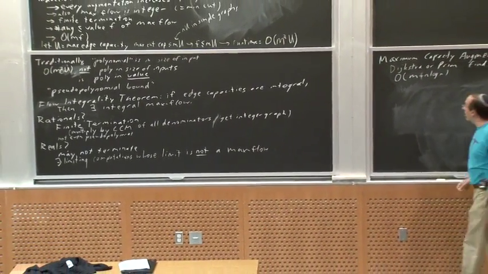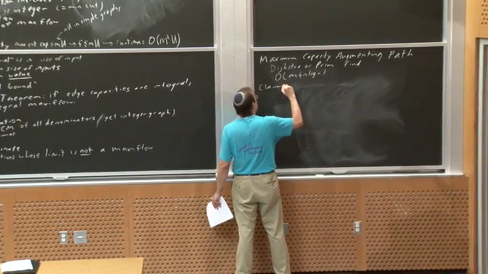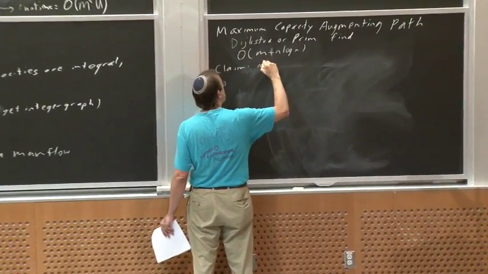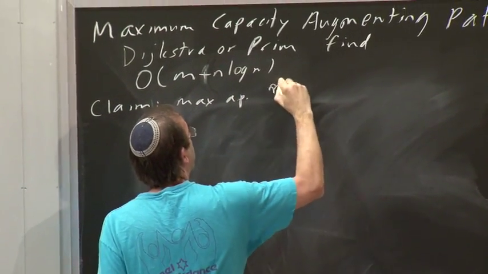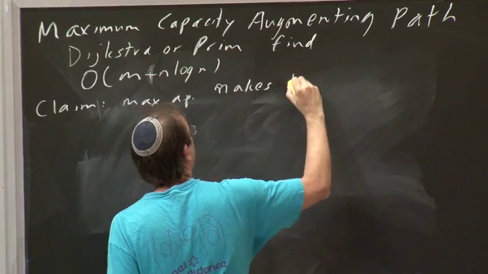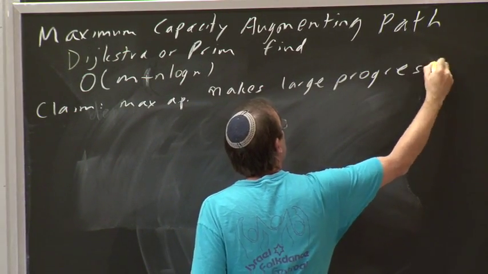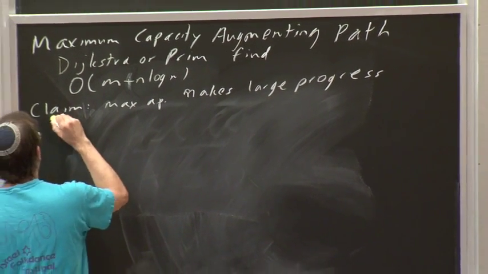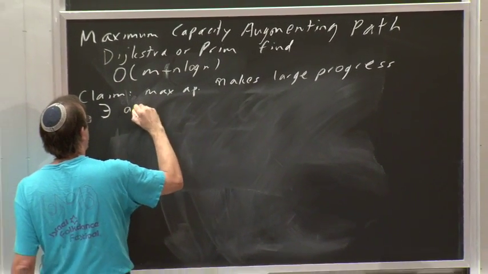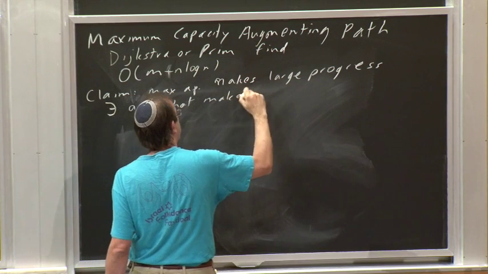So in particular, we want to claim that the maximum augmenting path makes significant progress. And the way that we're going to prove that is by proving that there exists an augmenting path that makes large progress.